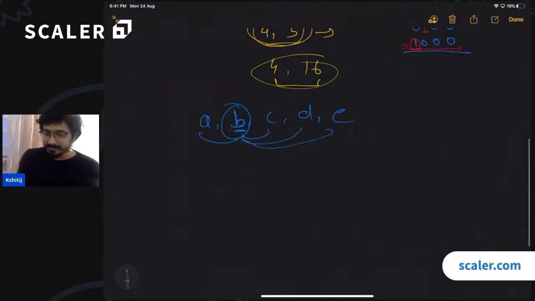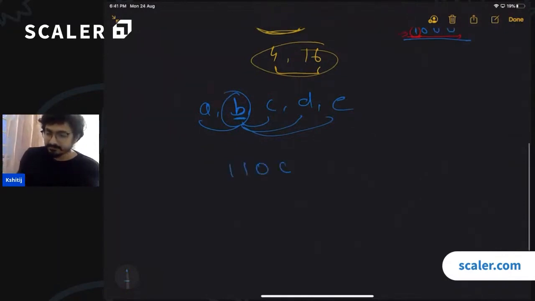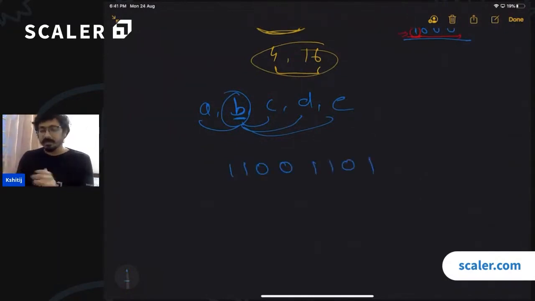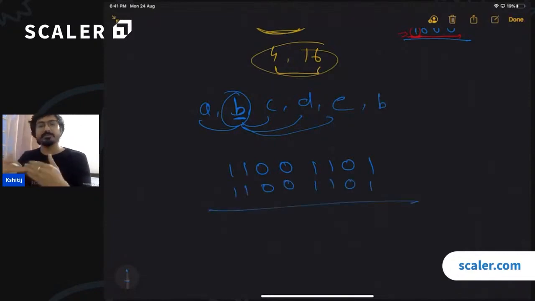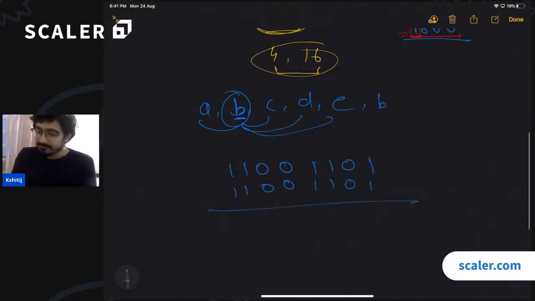Okay, so let us say that B has this as the binary representation. Now a number which has the exact same binary representation, which means that if I have B again in this array, then this definitely is going to give the minimum XOR. But if B is not present, what should be the next choice?